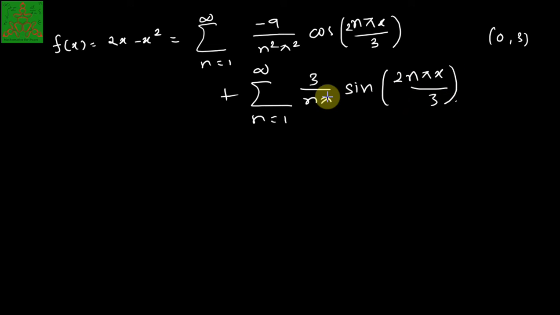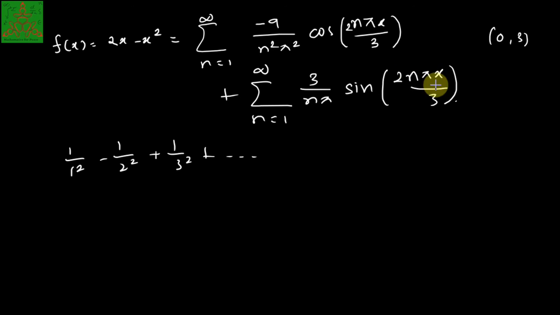The question was to calculate also the value of 1 upon 1 square plus 1 upon 2 square plus 1 upon 3 square and so on. So you just saw that this is the n square terms coming here. So this quantity has to be 0. And if you want this to be 0, your x should be 3.